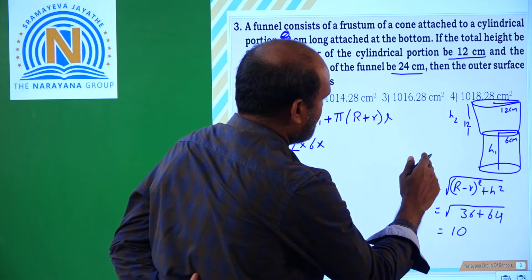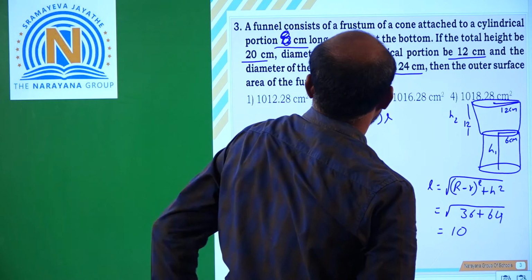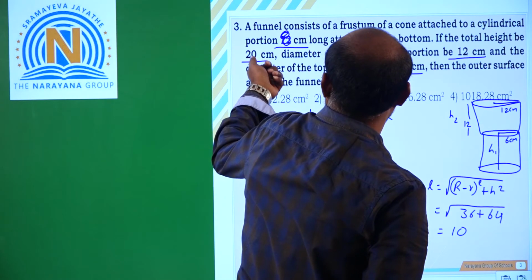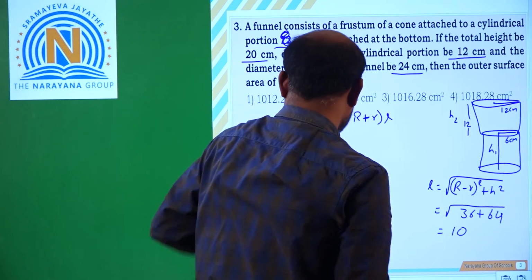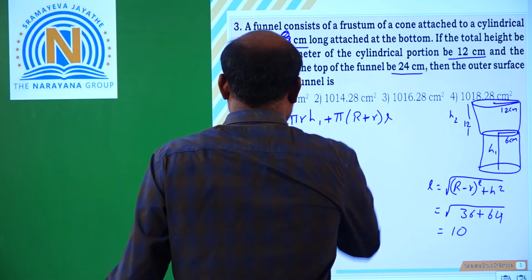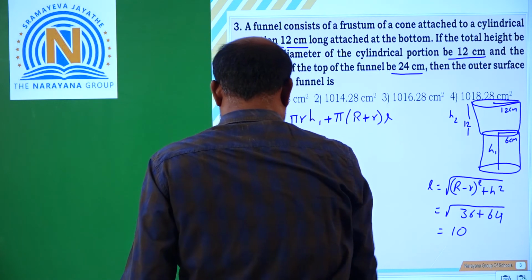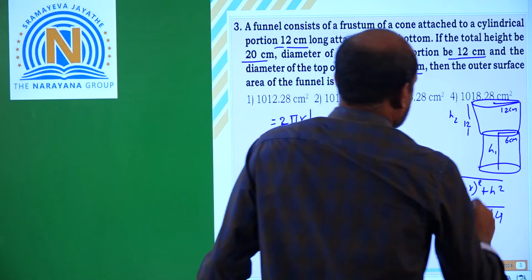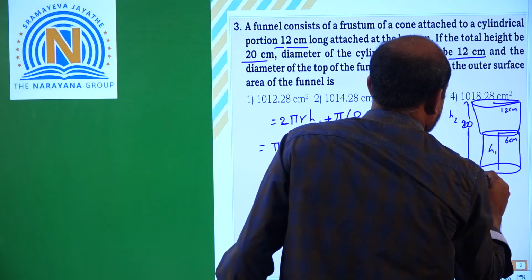The height of this cylinder is, the total height be 20 centimeters is given. Sorry, not this. This is 12 centimeters only, right? So this total is 20 centimeter.